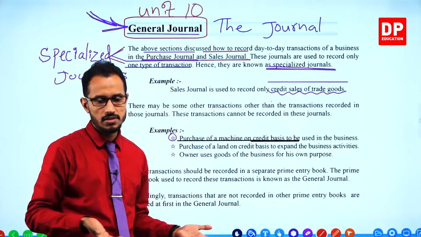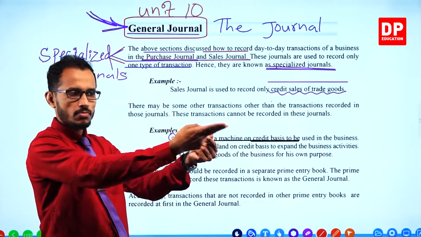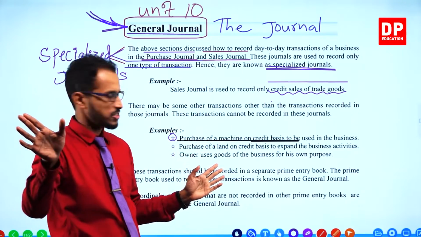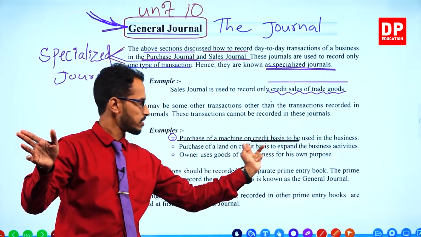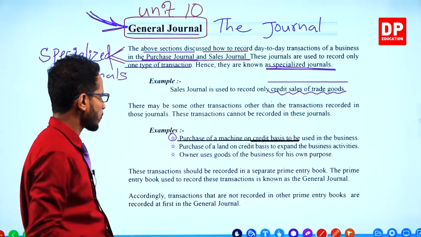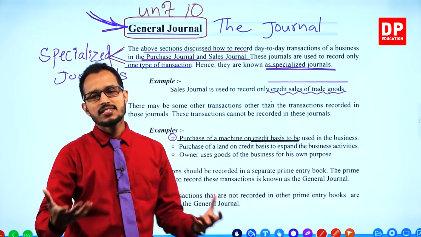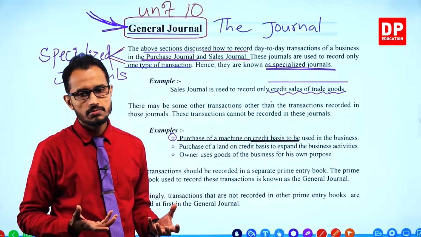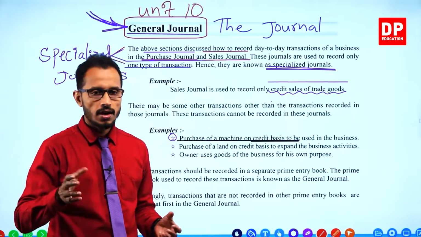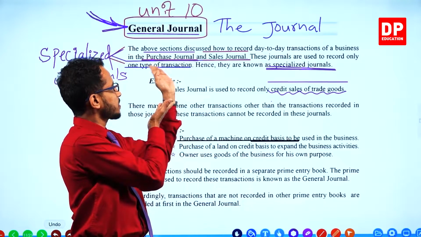It is not a cash purchase. It's a credit purchase, so we can't record it in the cash book. If it is a credit purchase, why can't you enter it in the purchases journal? That is the second question.